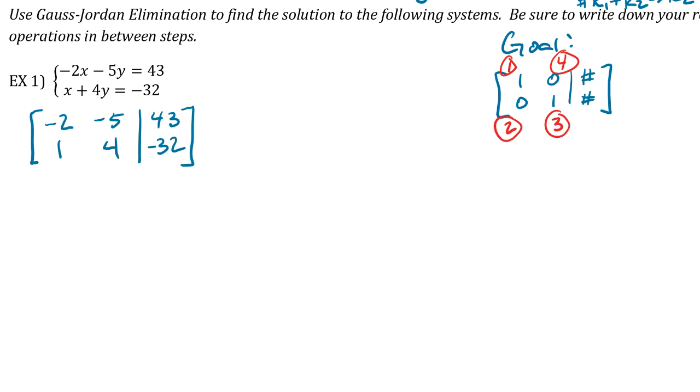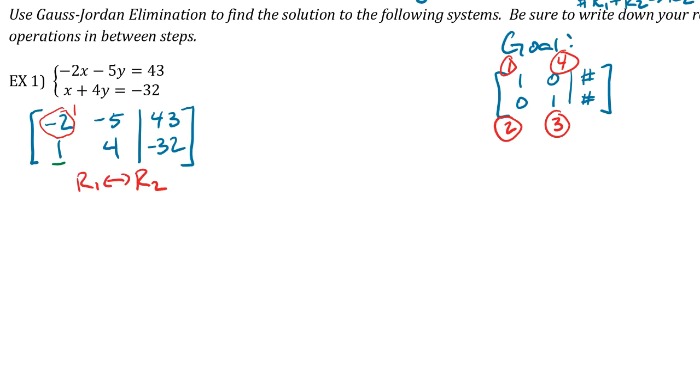Alright, so our first thing that we want to do is we want to turn this -2 up here into a 1. So in this case, since it is our first move, we see that there's a 1 underneath it, and we can just swap these two rows. Alright, so we're going to do row 1 swapped with row 2.